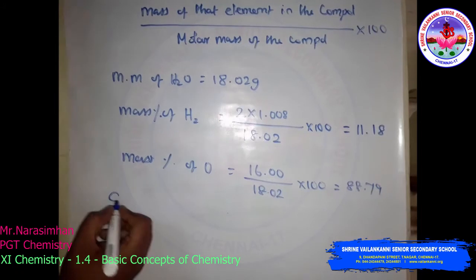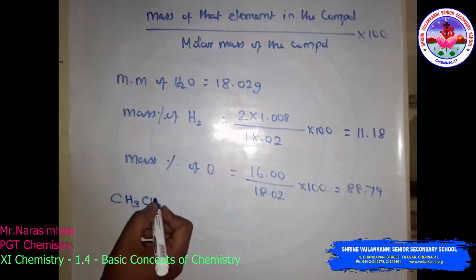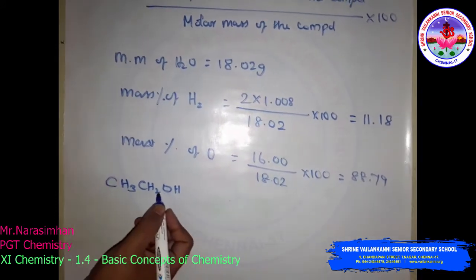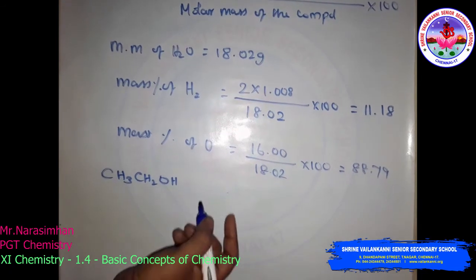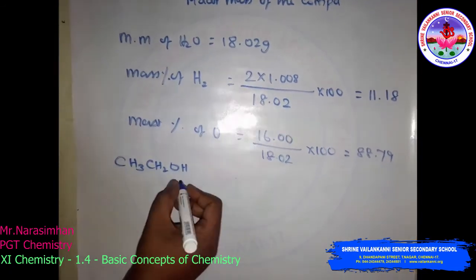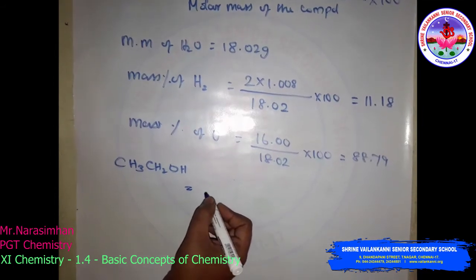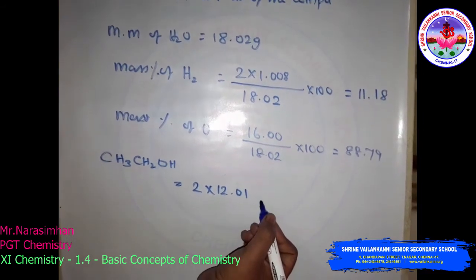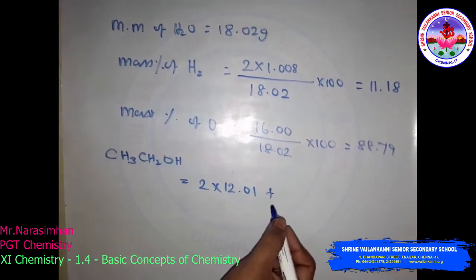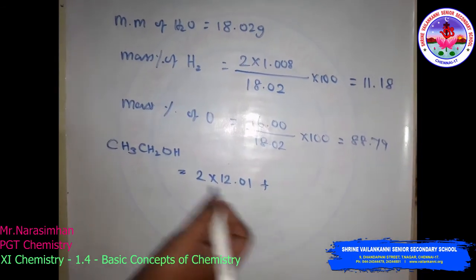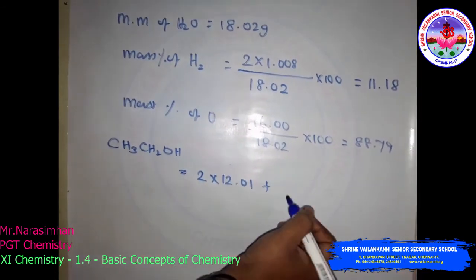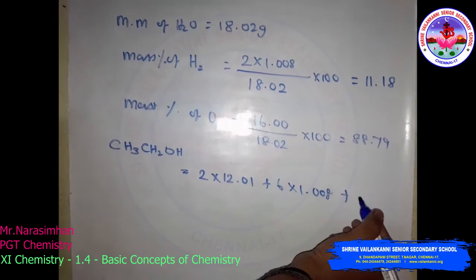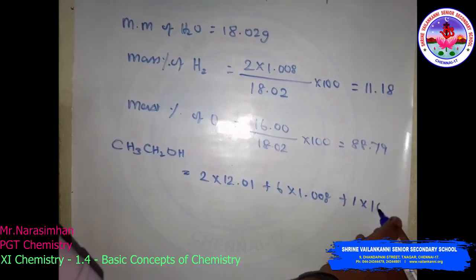Some more examples also we can tell. For example, ethanol, CH3CH2OH. The number of carbon atoms is 2, hydrogen atoms 6, and oxygen atom 1. So if we have to calculate the molar mass of ethanol: 2 into the molar mass of carbon, 12.01, plus 6 into 1.008 for hydrogen, plus oxygen 1 into 16.000.